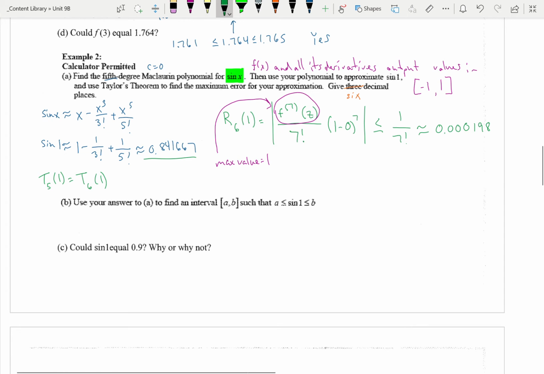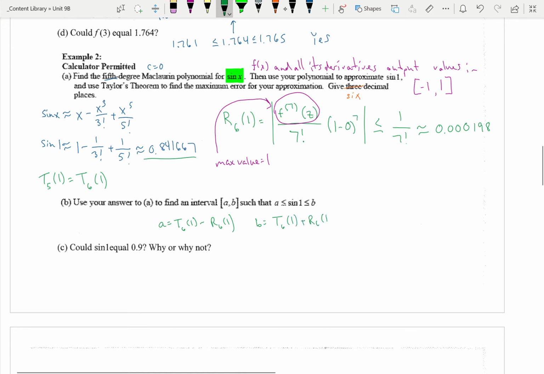Okay, so how can we find those a and b values? Well, let's see. The a value is going to be equal to the Taylor polynomial approximation, I'll call it t sub 6, I guess, minus r sub 6 of 1. I could call it t sub 5, but since I'm using r sub 6, I'm going to use t sub 6 as well. And b is going to be equal to the approximation plus the error, right?